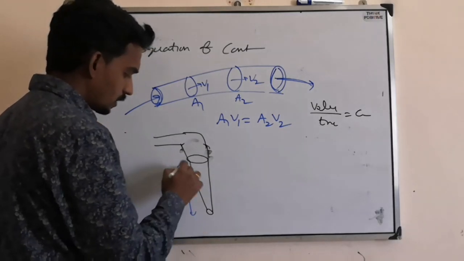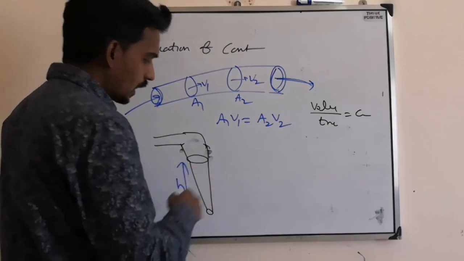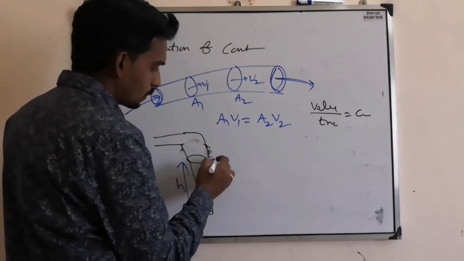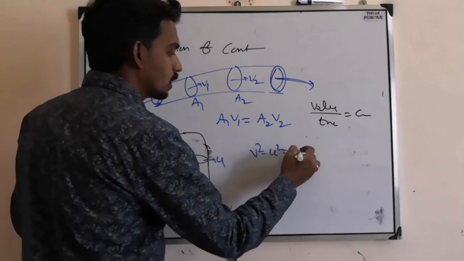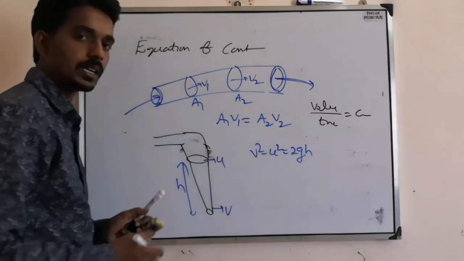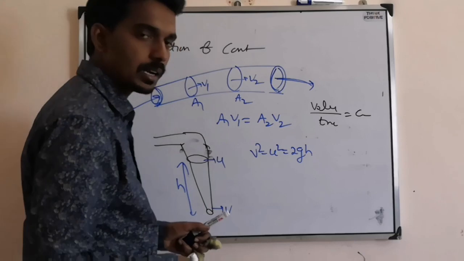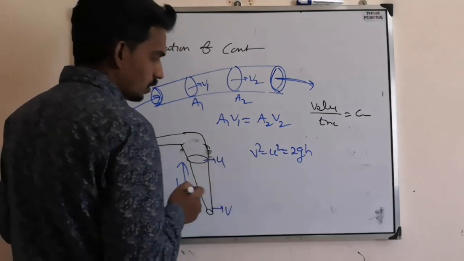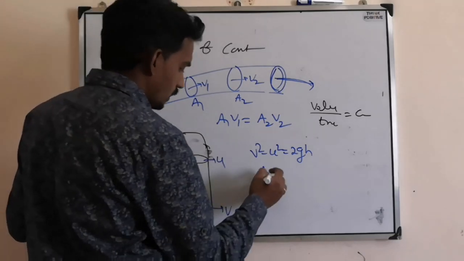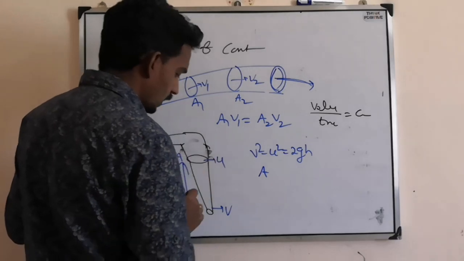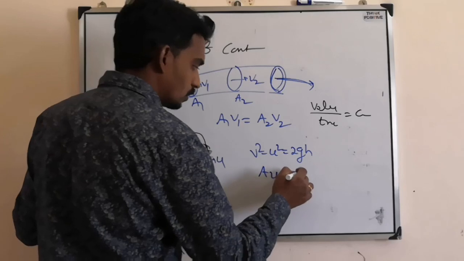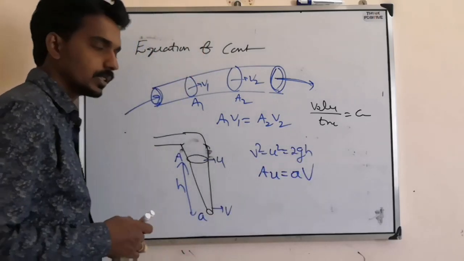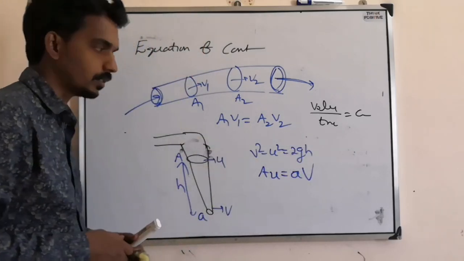Let's take the distance as h. Here the speed is u, there the speed is v, so v square minus u square equals 2gh, motion under gravity. The other equation: here the area is capital A, there the area is small a, so A u equals a v. This is according to the equation of continuity.